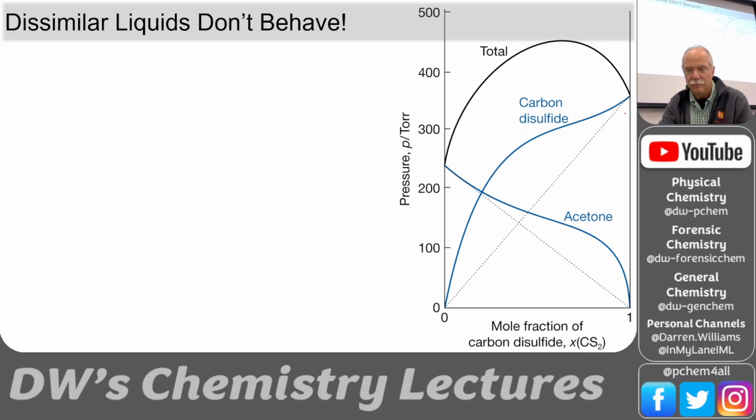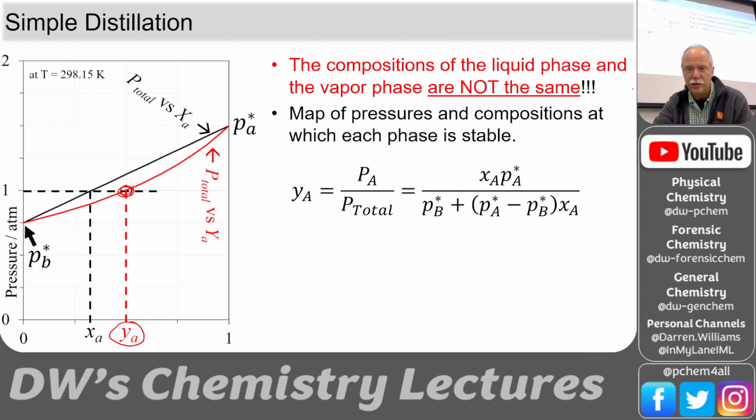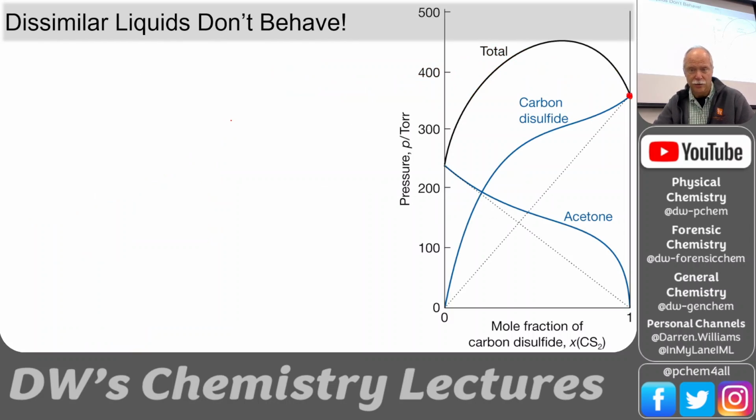Carbon disulfide is the most volatile of the two. And in previous charts, the most volatile was the maximum, right? So this was the maximum pressure in the whole chart. Well, when we have non-ideal solutions, the maximum can be somewhere else. Like here's the maximum in this chart. So that's a little strange. It's more volatile than carbon disulfide is by itself.